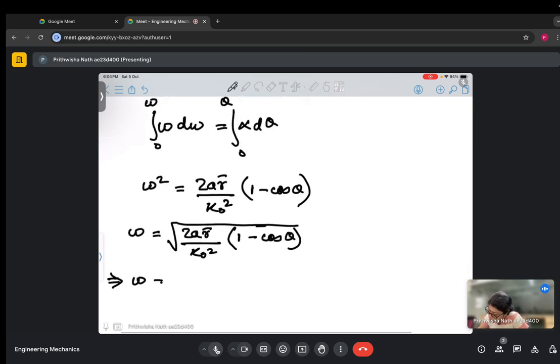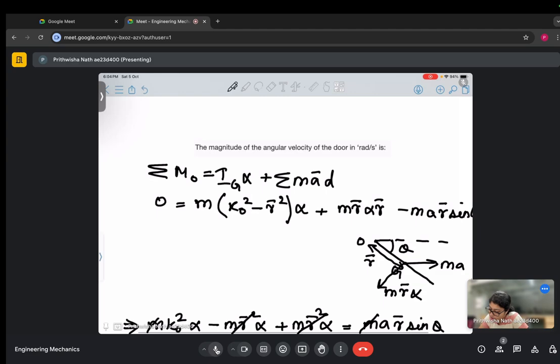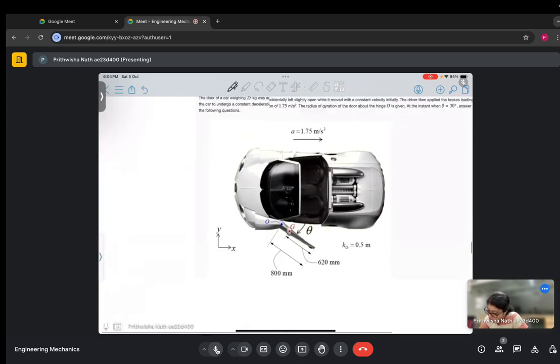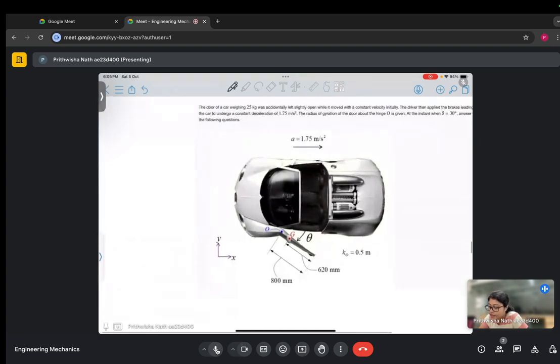Omega equal to 2 into 1.75 into r bar. This distance can be seen from the figure. So it's nothing but 800 minus 620, that is 180 millimeter, right?